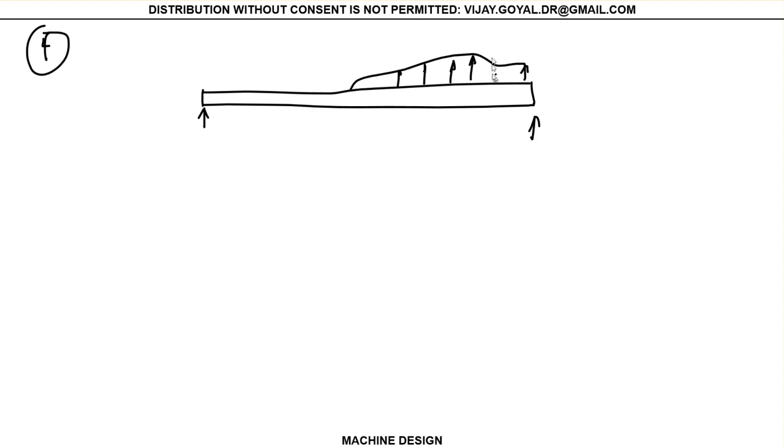The total load is nothing else than the total integral from L over 2 to L of py dx. This is the total resultant load. So you know the load is going to act somewhere here maybe. You don't know where, but the value of that resultant load is that.